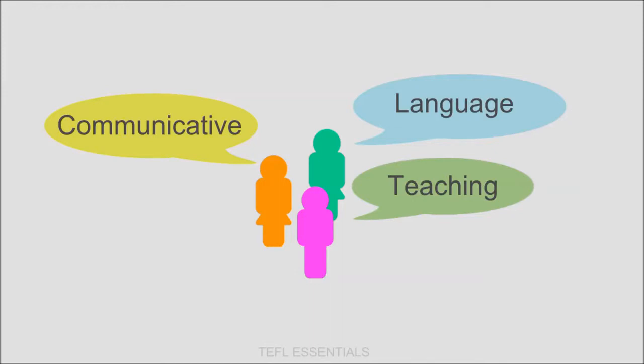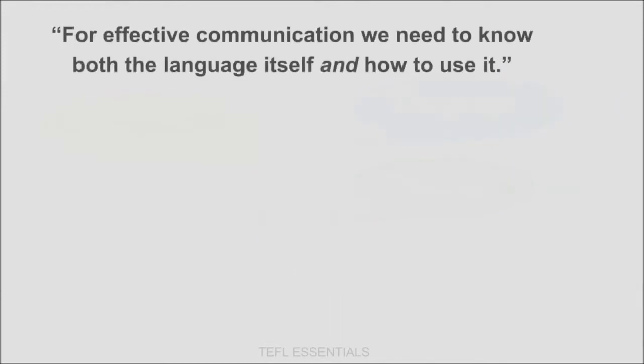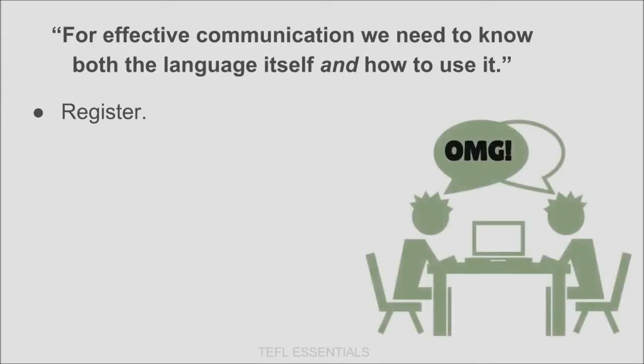It also differs from previous approaches as it realizes the need to teach learners how to use the language, as well as teaching the language itself. It's all well and good knowing loads of words and how to form grammatical structures, but we also need to be aware of register, the formality of the language we use. The language we use with our friends and family isn't always appropriate in other situations.